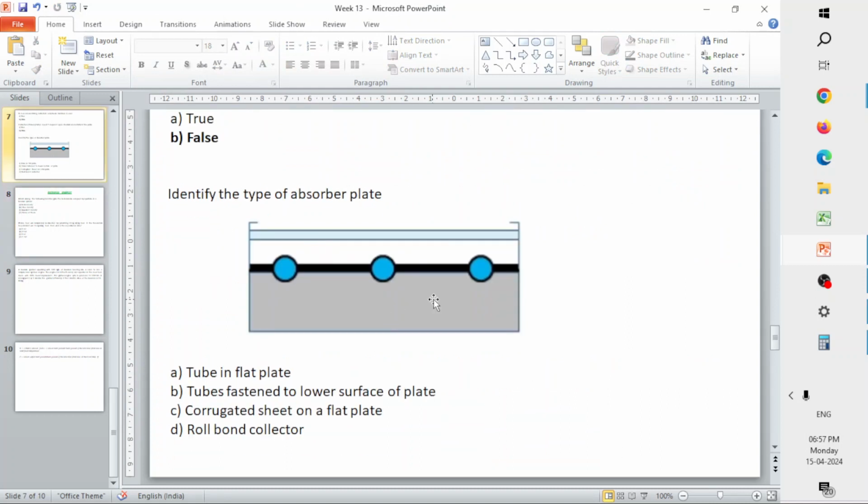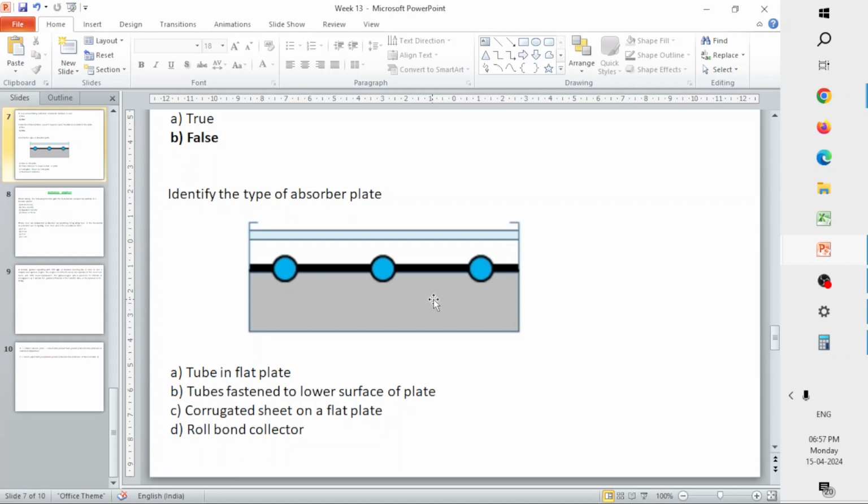This is again something that is there only in your video lecture. Due to time constraint, we were unable to discuss it. They are asking you to identify the type of absorber plate. If you go through the week 2 video lecture, you will see 4 different designs.